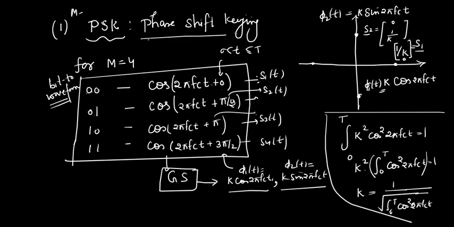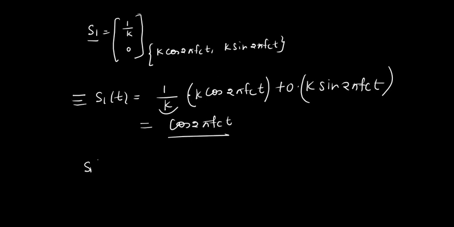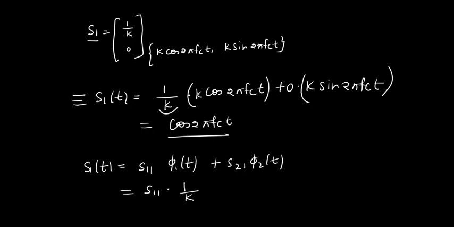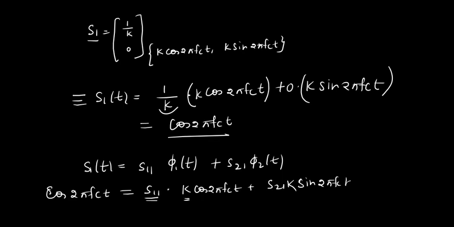I told you, you have to do the reverse process. Once you have phi 1t and phi 2t, now you have to find out the coefficients of S1t. What is the weight of S1t? So tell me, S11 into phi 1t, which is k cos 2 pi FCT, plus S21 into k sin 2 pi FCT, and we know S1t is cos 2 pi FCT. So what will S11 be, and what will S21 be? S11 will be.